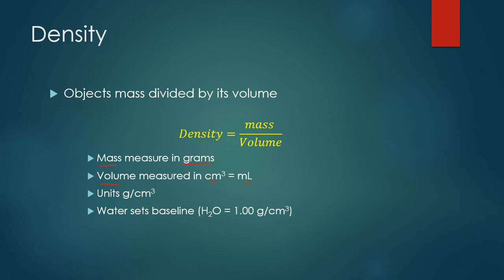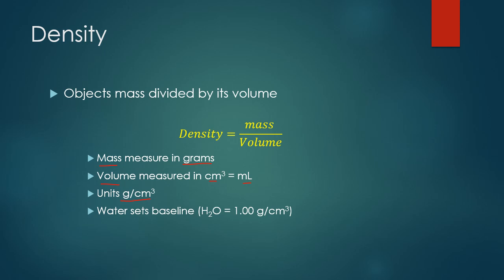The reason we have both units is because centimeters cubed is most often used when we are talking about solids, aluminum, iron, copper, etc. Milliliters is more often used when we are talking about liquids because we often measure liquids in milliliters. The units on density are therefore grams per centimeter cubed or grams per milliliter.